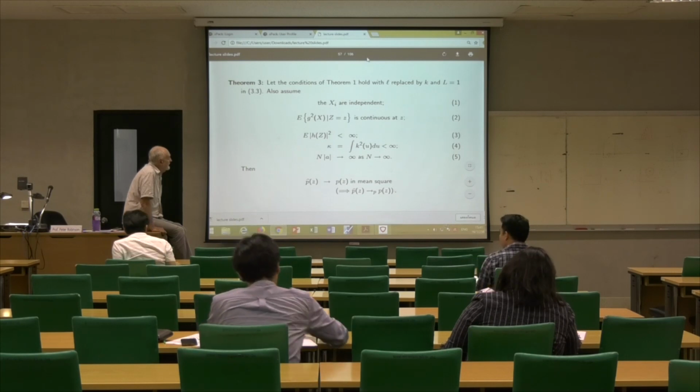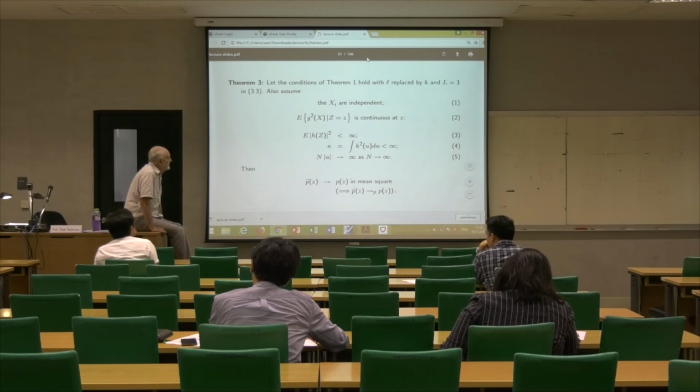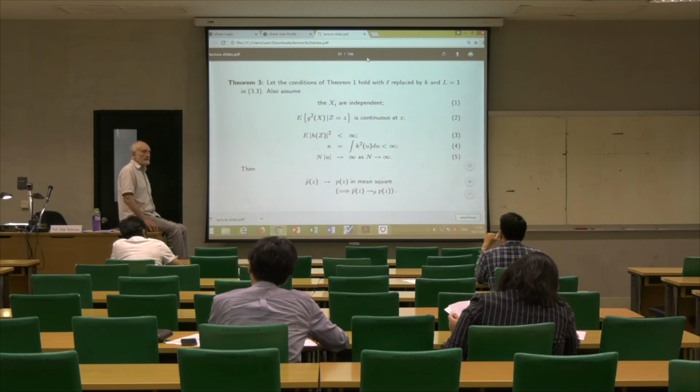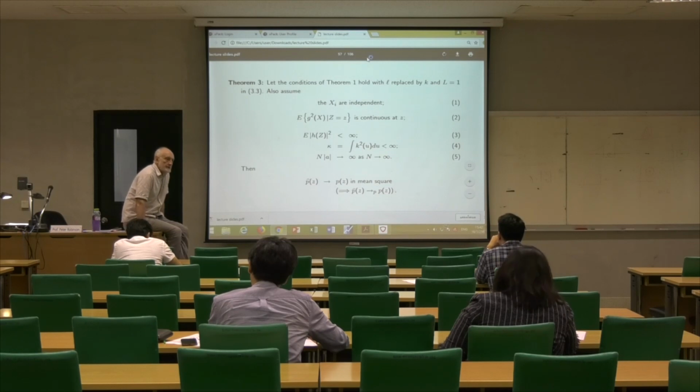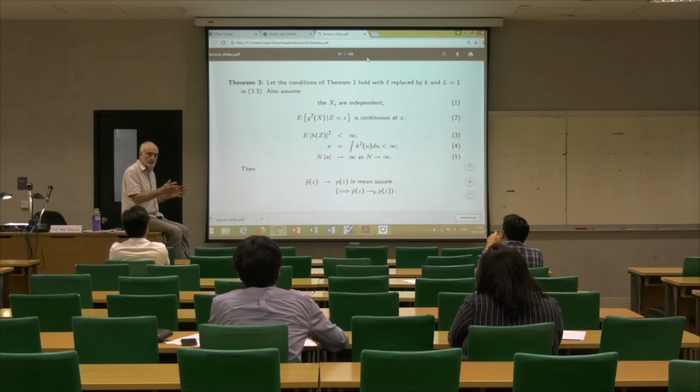All right, so now I think probably the most notable additional condition here is that the x's are independent. And this is really very important for proving consistency, because when you've got independence, you have accumulation of information as n gets larger, because each x is independent of the previous one, so it's giving more information.